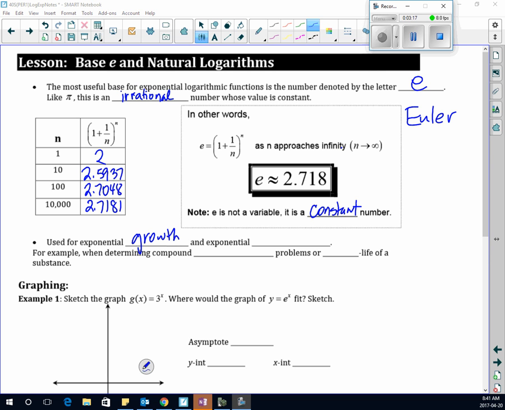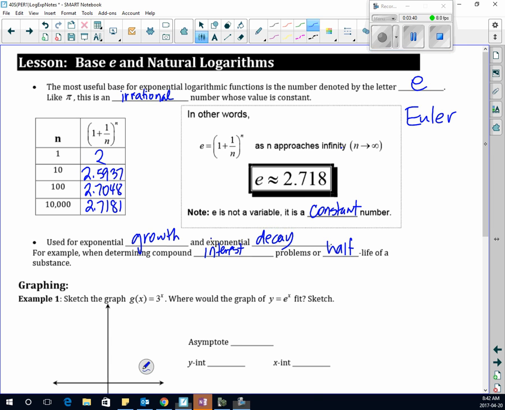It's used for exponential growth and exponential decay. In word problems, it would be determining compound population problems, compound interest problems, or half-life. Have you heard of half-life before?